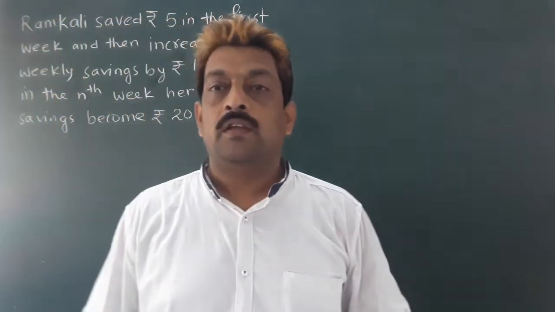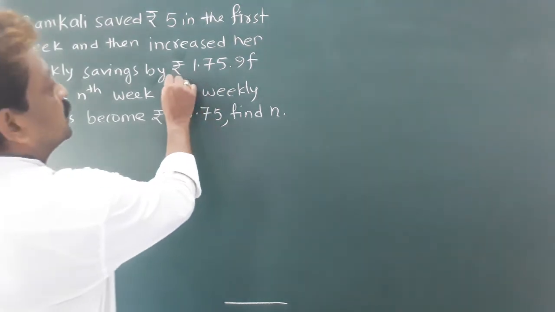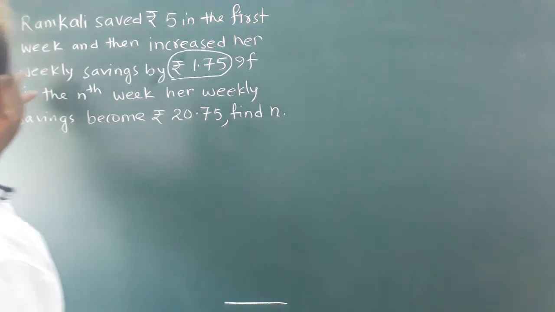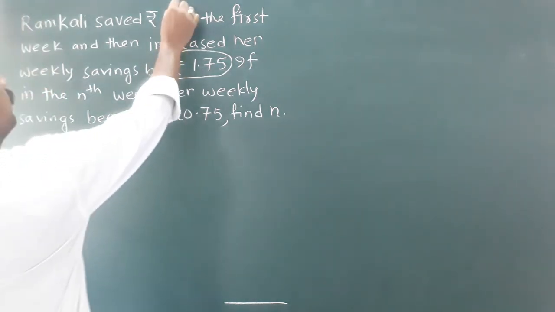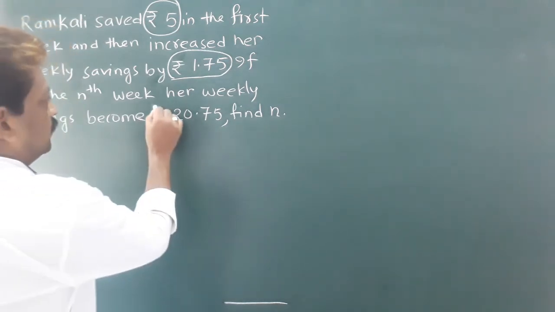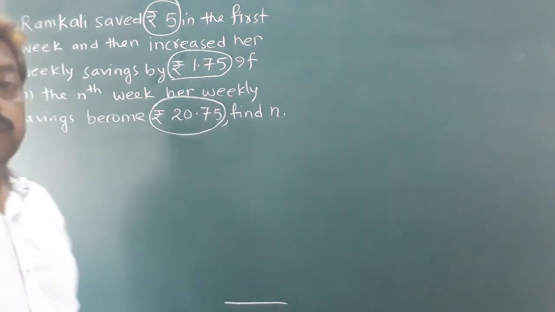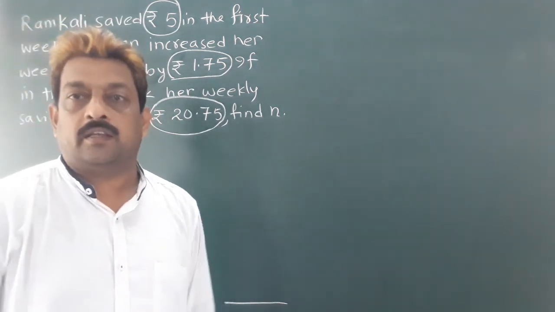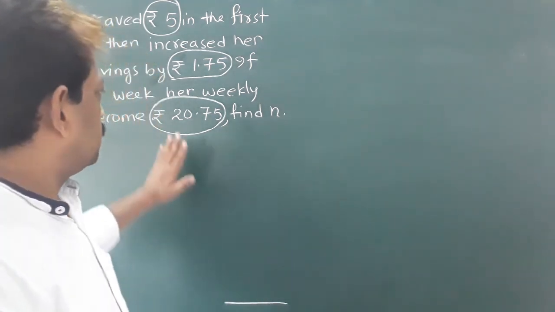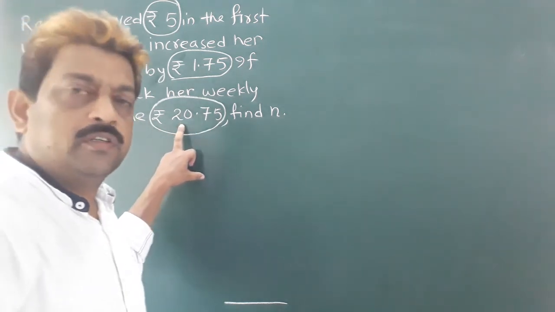Means every week she used to increase her savings by rupees 1.75. Her initial savings is rupees 5, and after n weeks her weekly saving becomes 20.75. So we have to find that n, after how many weeks, or in which week, the weekly saving is rupees 20.75.